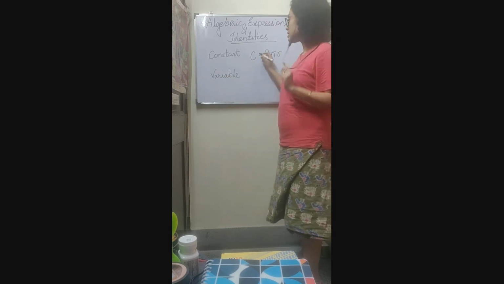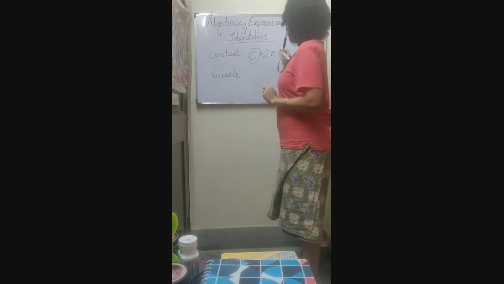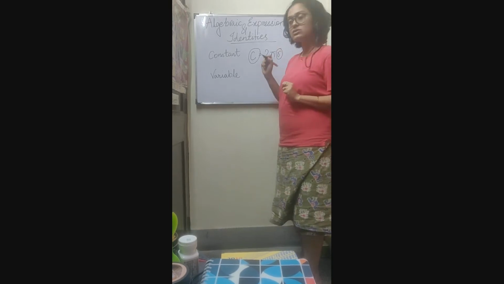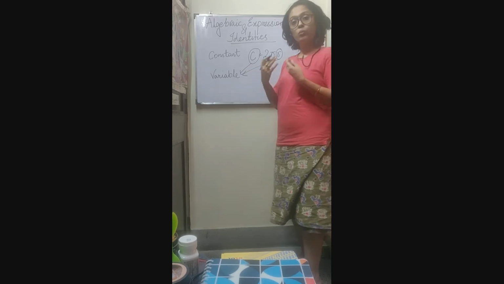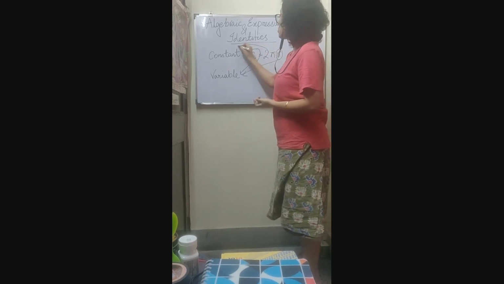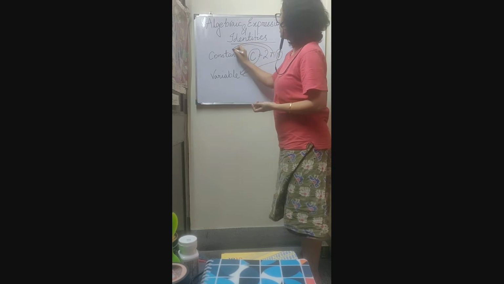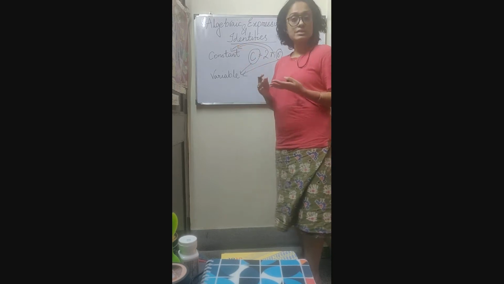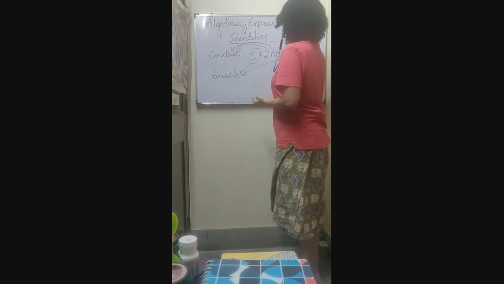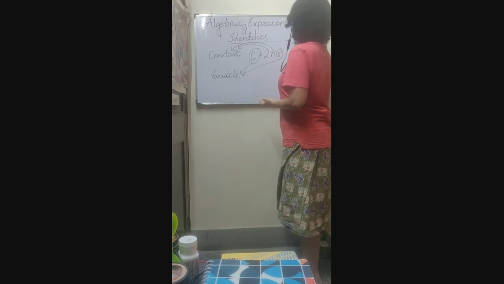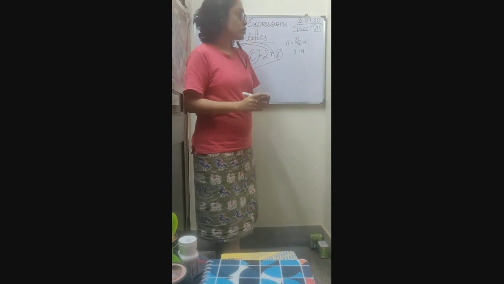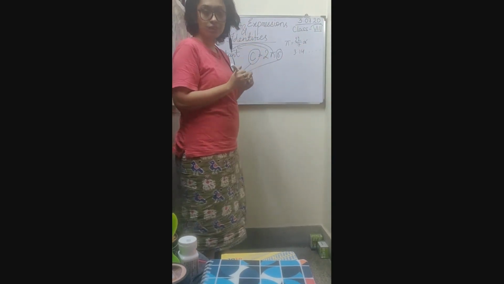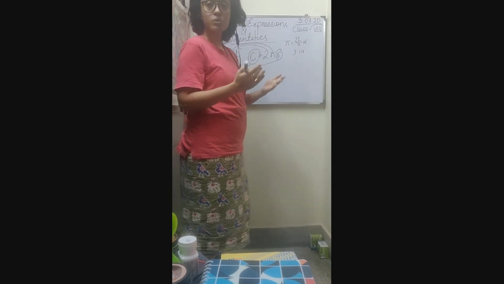So in this case, C and r are variables, whereas 2 and pi are constants, where the value of pi is 22 by 7, or 3.14, and it keeps going on. So this is what the basics of algebra are about, how we denote it.